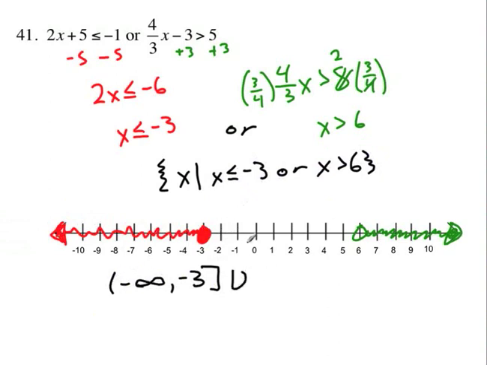The union means it's going to be this part together with this part. Then we're going to go to 6. Since 6 is not included, I'm going to do a parenthesis to infinity. I don't like the way that union sign looks, so I'm going to make it a little prettier. And that is your answer for this one.